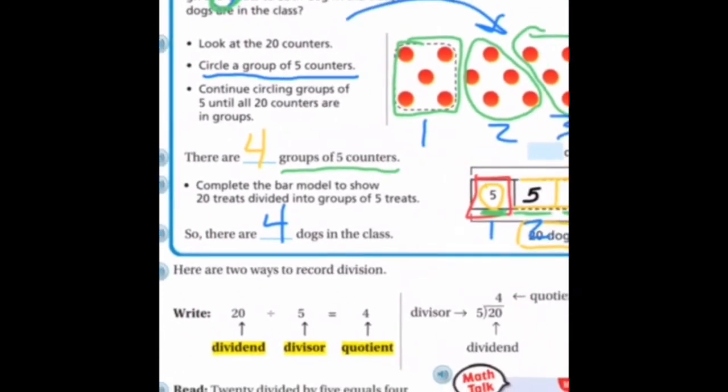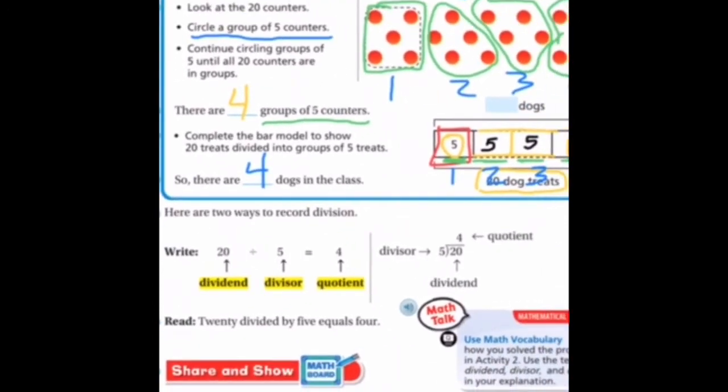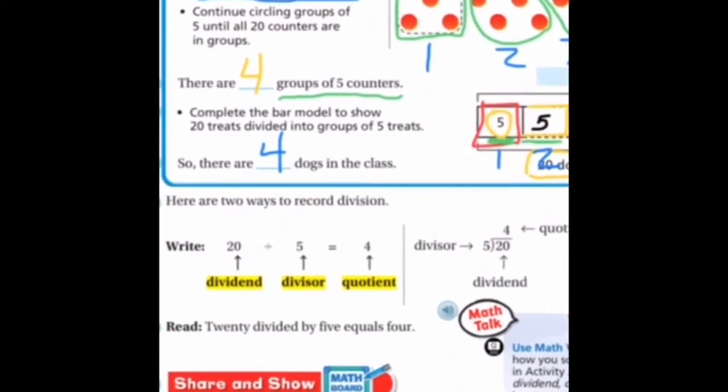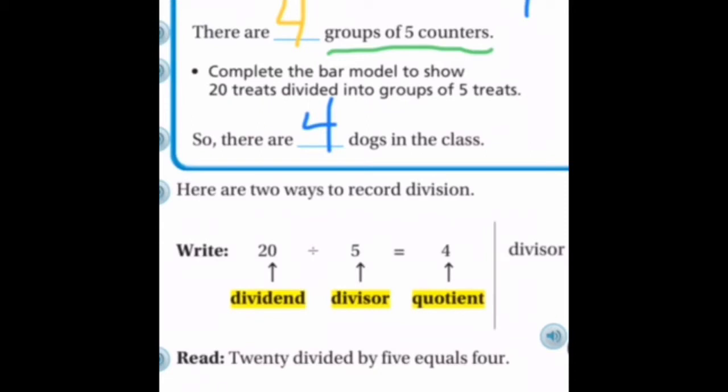All right, let's look at division and how it can be written. They show us a couple of examples here. We have a dividend, that's the biggest number, okay? And then we have our division sign, and we're used to seeing that one by now. And so we have our dividend, it's divided by the divisor. In this case, 5 is our divisor.